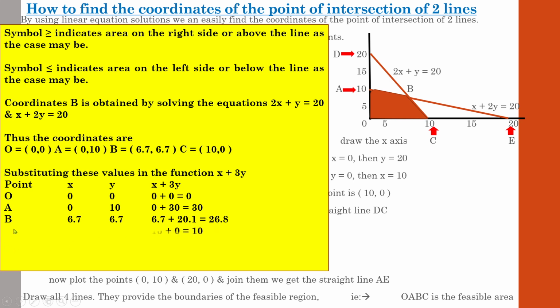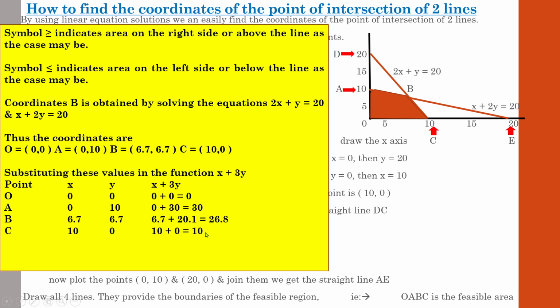And finally, C: x is 10 and y is 0, so x is 10 plus 3y, which is 3 into 0, that is 0. So the value is 10. So we have identified the profit at each of these points. The values are 0, 30, 26.8 and 10.